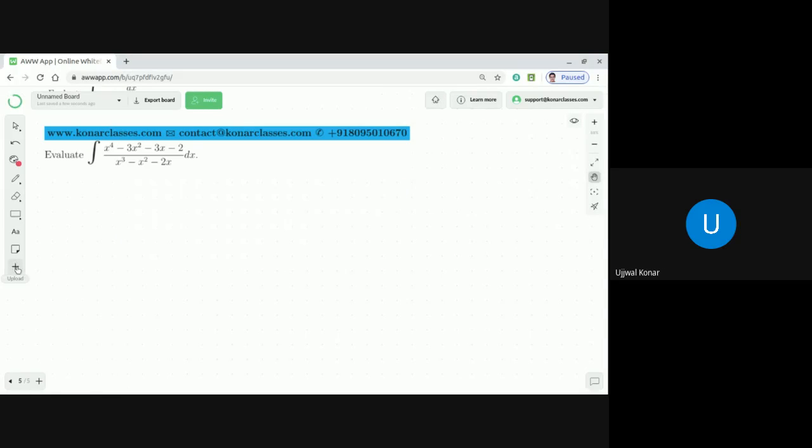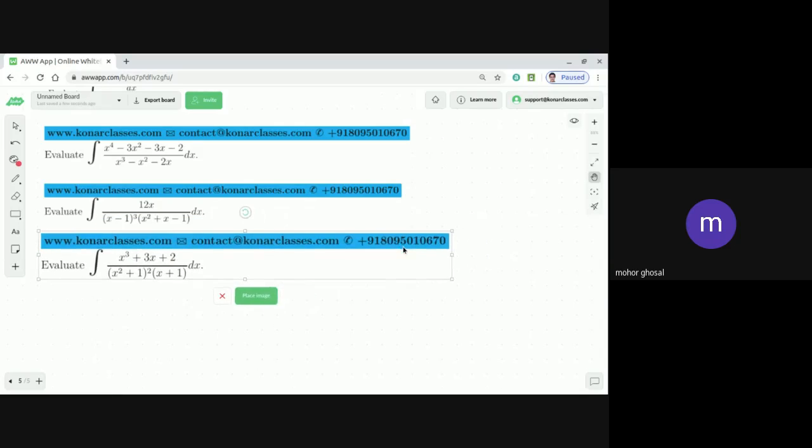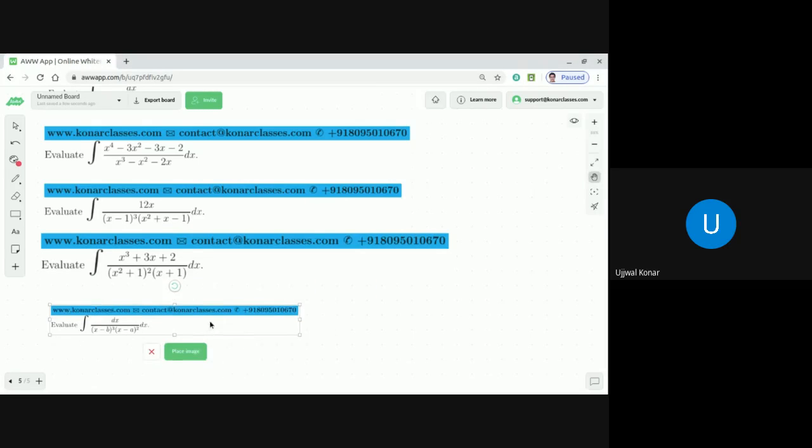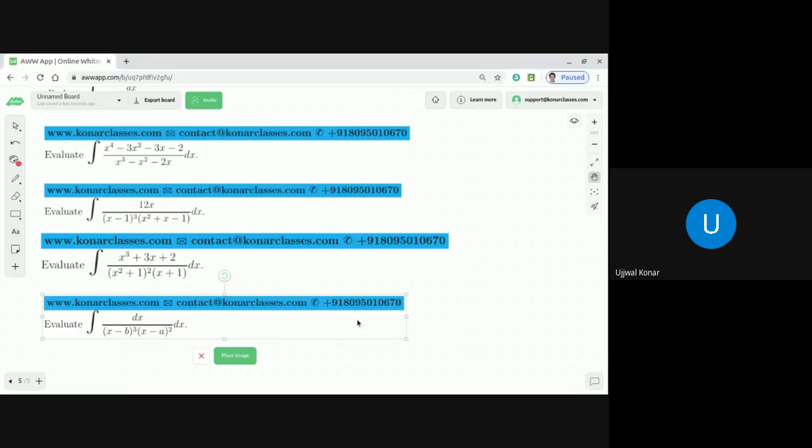That is the third one. This is the fourth one. And finally, this is the fifth one. So you can work on this.